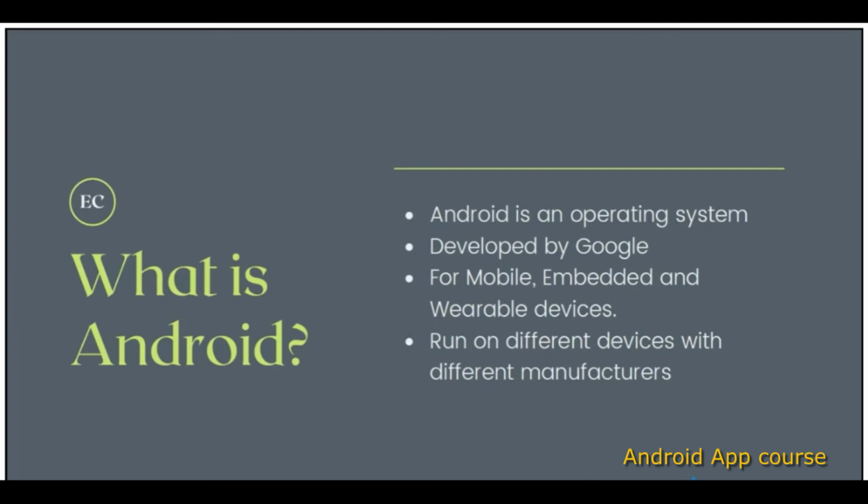Basically, this operating system runs on all of their mobile devices as well as their embedded systems. This operating system does not only run on phones but also smartwatches and now also automobiles.